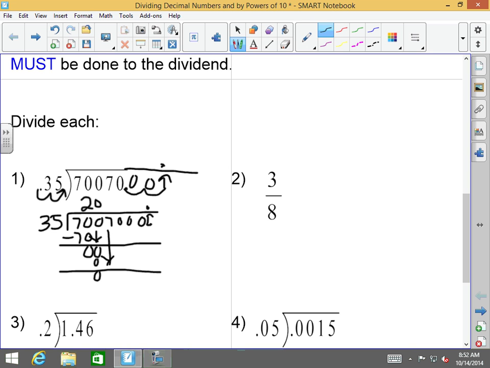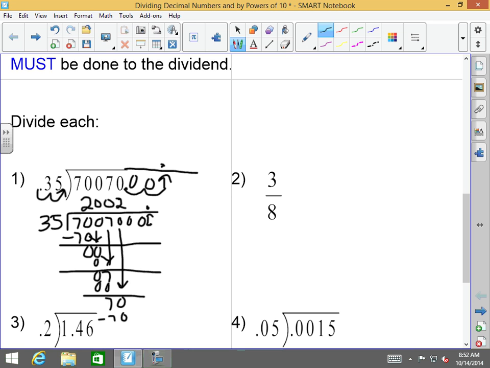Bring down the 7. How many times does 35 go into 7? 0. So put another 0. Now bring down your next 0. How many times does 35 go into 70? Not 0 times, guys. 2 times. Very good.